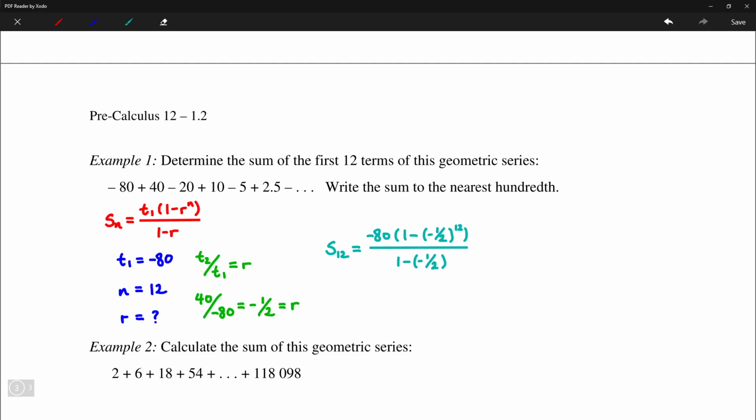Okay, so notice here we have negative 1/2 to the 12th power, which is going to be a very small number. So in all likelihood, we are going to use a calculator for something like this.